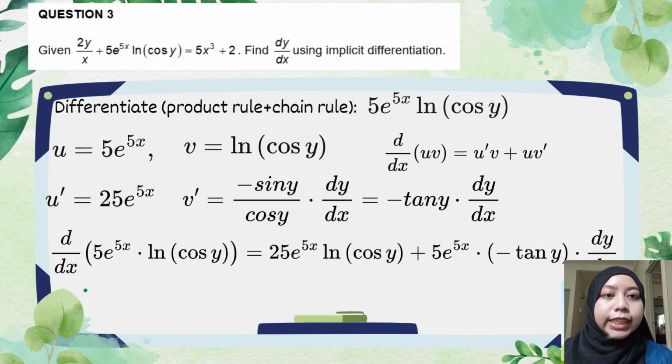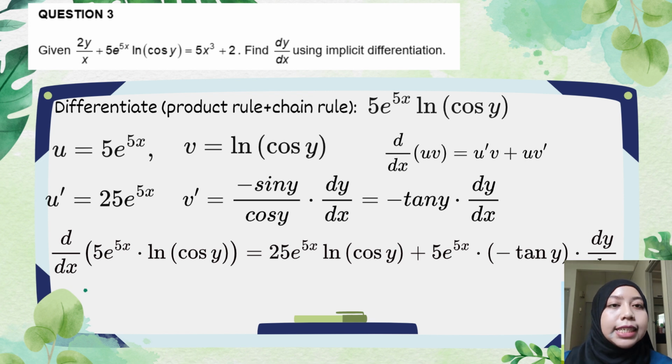For the second differentiated x is 5e^5x per cos y. For this equation, we use the product rule and chain rule. Secondly, we must list the u, v, and u prime and v prime. And then we put all the list of u, v, and u prime and v prime in the equation.